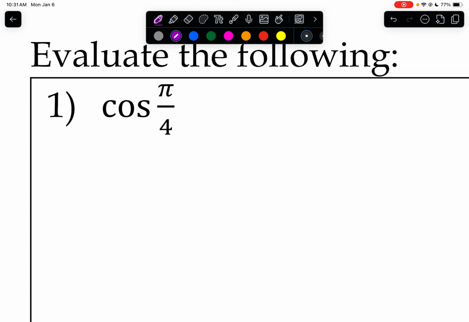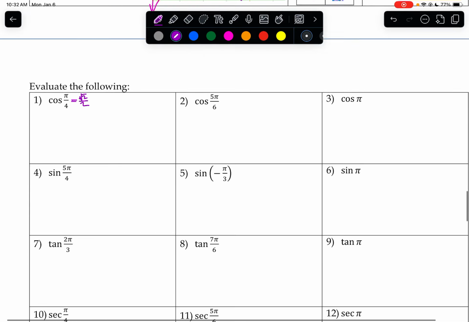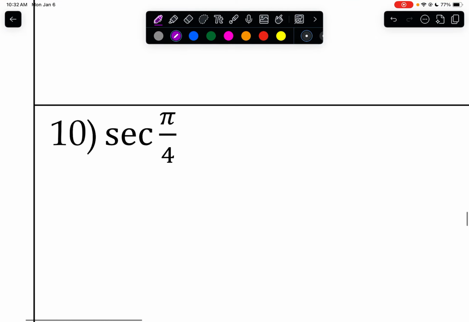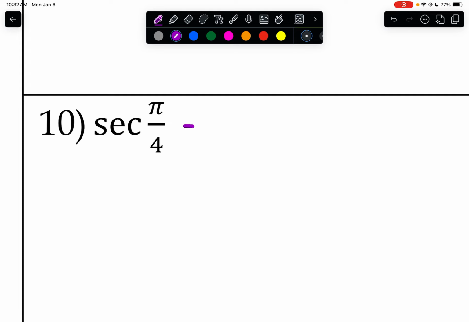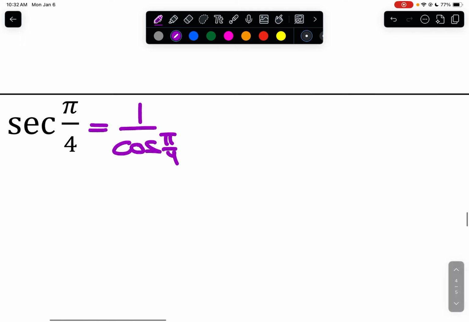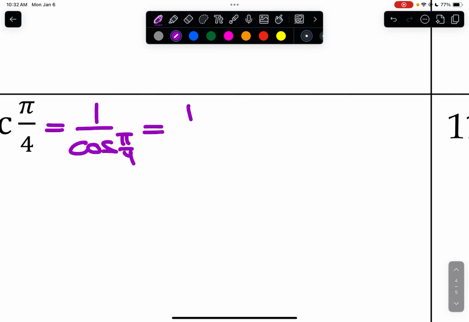So cosine of pi over 4, well, I know that's going to be root 2 over 2. So then if I were to come down here to number 10 and do secant of pi over 4, well, that's going to be 1 over cosine of pi over 4, which means I would do 1 over root 2 over 2.